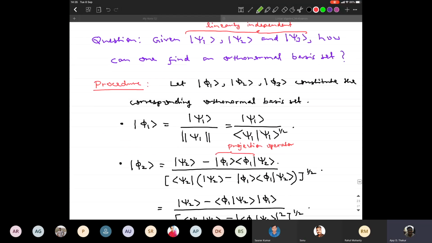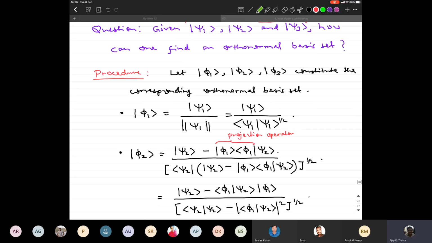The first step was phi 1 could be written simply as psi 1 divided by the norm of psi 1. For finding phi 2, you write down psi 2 but subtract out the component of psi 2 along phi 1.